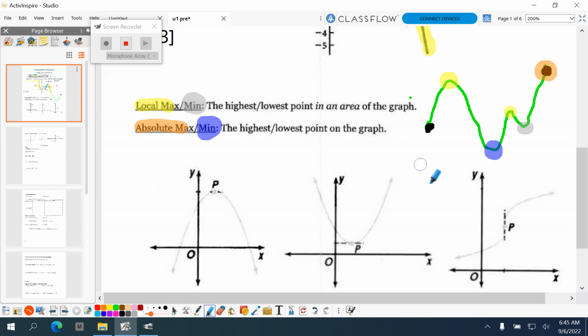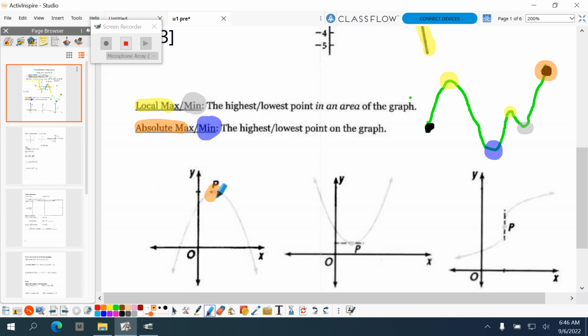So keeping that in mind, we've identified a couple of things, and maybe you want to label them. I've highlighted them just to create shortcuts. But if we look at P right here, and perhaps I should do a different color, P is an absolute maximum.